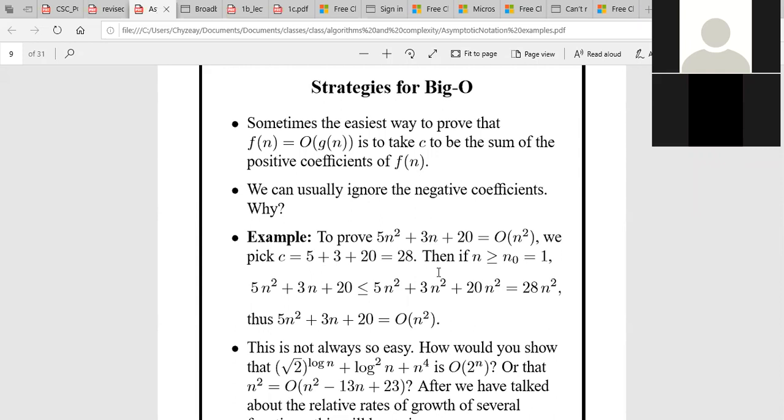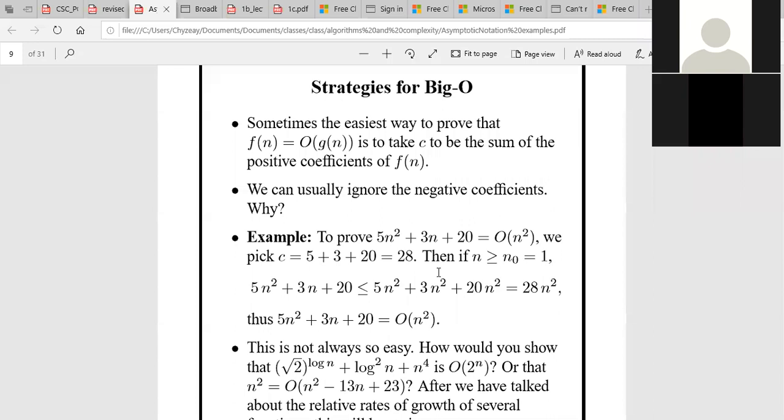And that was what we did when we were trying to say that f1 of n plus f2 of n will be an element of big O of the maximum of g1 of n, comma g2 of n. So what we do is that we ignore the negative coefficients, and that is obvious, because if you assume the negative coefficient exists, then the proof by induction cannot hold.